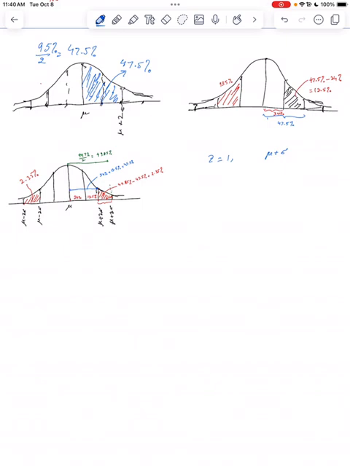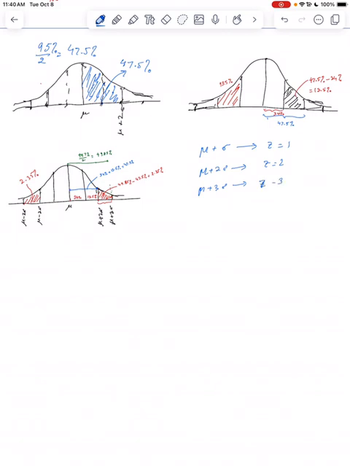So mu plus sigma gives us z equal to 1, and you can easily check it. I will show you in a minute. Mu plus 2 sigma will mean z is equal to 2, and mu plus 3 sigma means z is equal to 3.